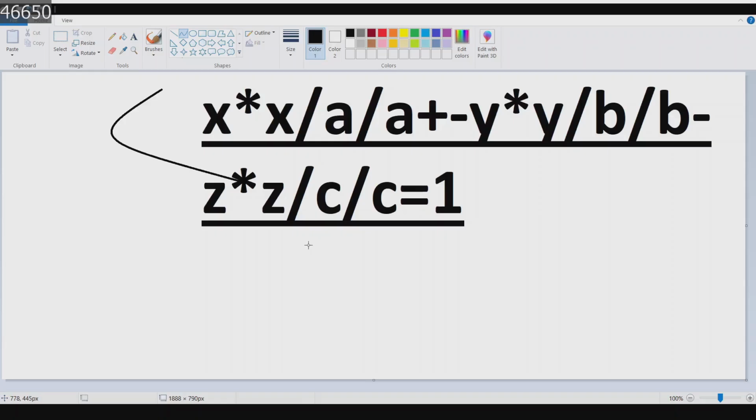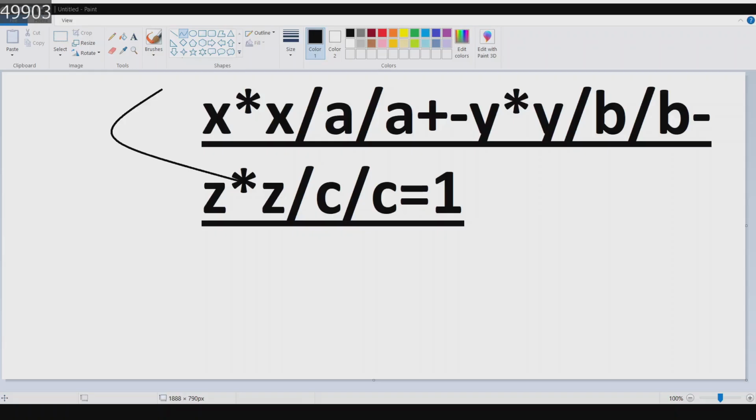Now, that's for a 2D hyperboloid. I have confirmed with Wikipedia that it is correct.